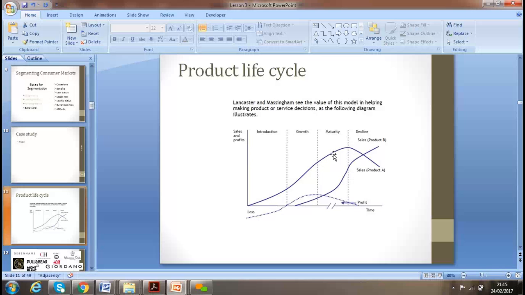In some countries, it might be maturity at the minute. At maturity, we need to change and alter, rebrand our product and service to maximize our market share. The life cycle is quite a good concept. We can look at where we are on the product life cycle before launching any marketing activity.